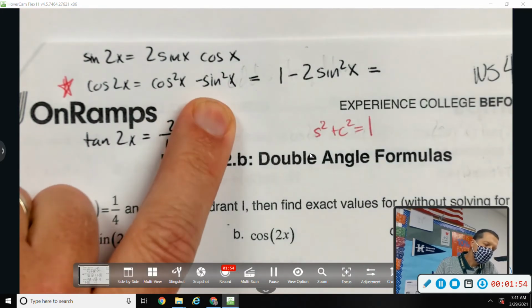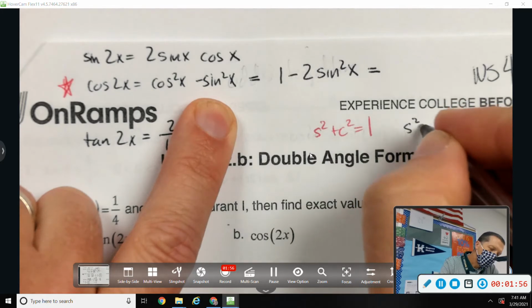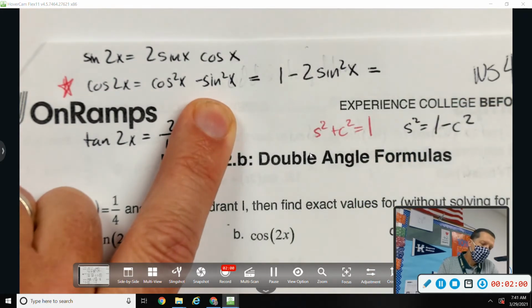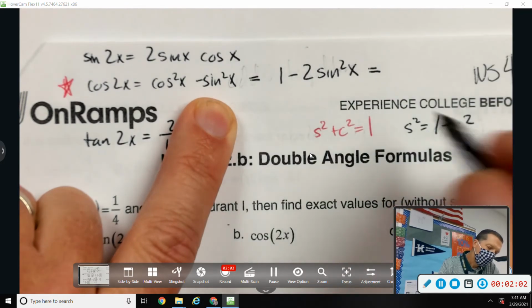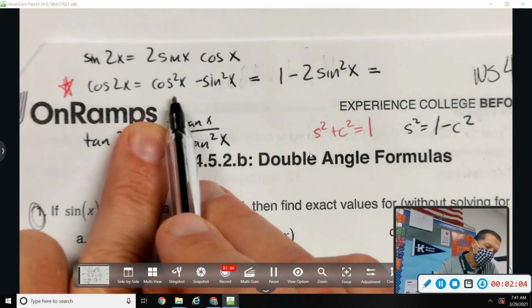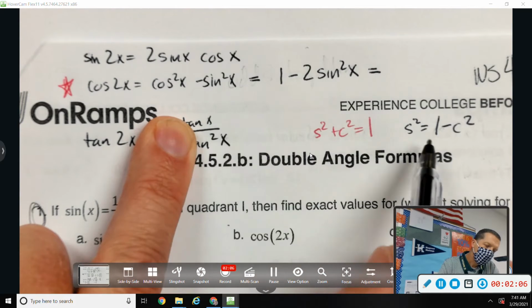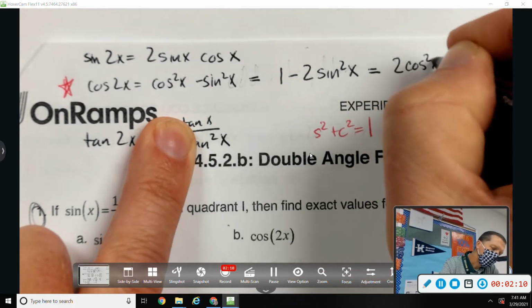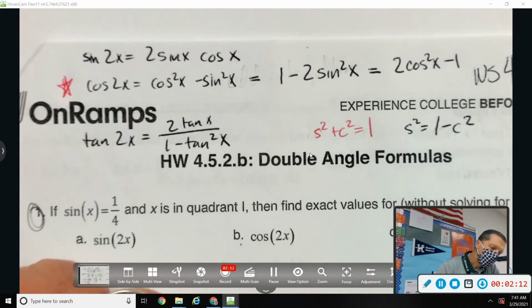If we replace sine squared with 1 minus cosine squared, then we end up with cosine squared minus 1 plus cosine squared, so you end up with 2 cosine squared x minus 1.